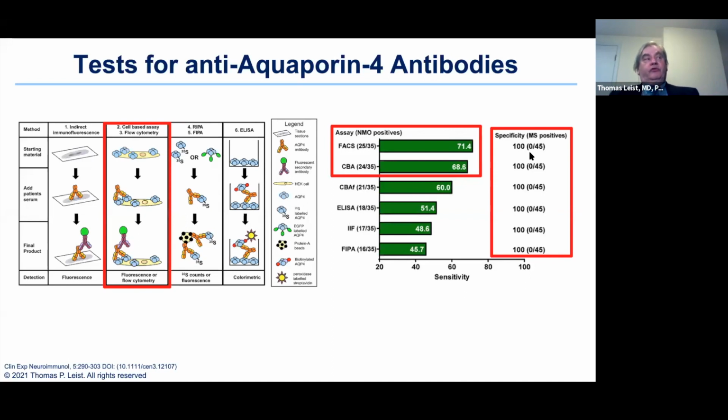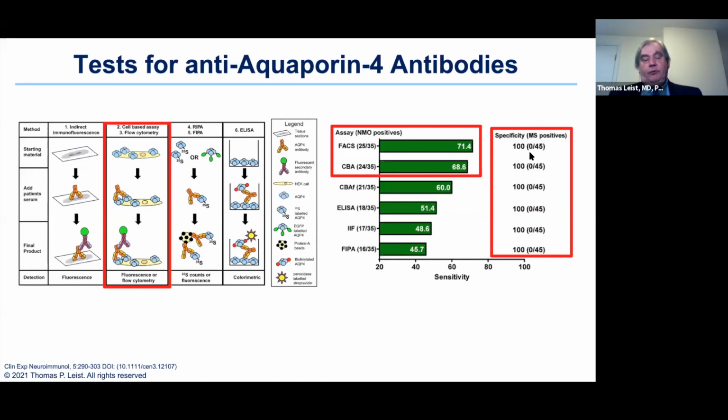And that goes towards the point that I made early on in our conversation tonight. Remember, I said for 100 years, NMO was viewed as a part of MS. After 100 years, we have taken NMO away from MS and have said this is its own condition.